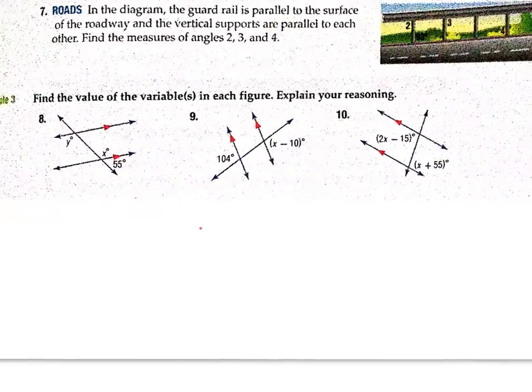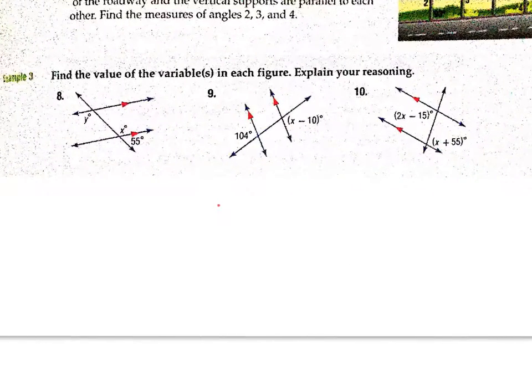All right, scroll down, find the value of the variables in each figure. Okay, so this is a little bit tougher because we now have to use a little bit of algebra here, but let's do this. First, let's take what we just talked about. These two are right beside each other on a line, so they have to equal 180. So I've got 180 minus 55, that's 125.